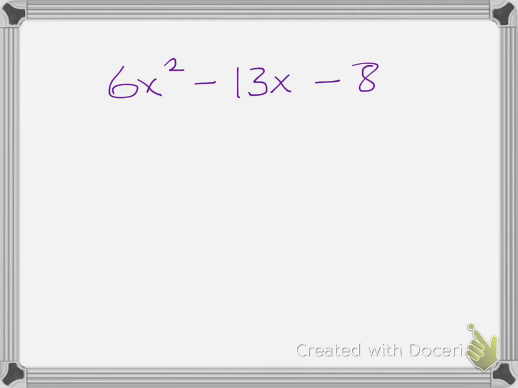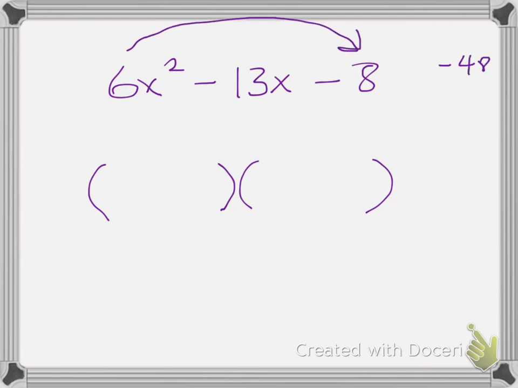All right, what do we do first? 6 times negative 8 is negative 48.